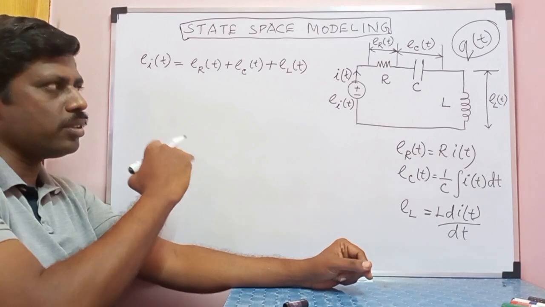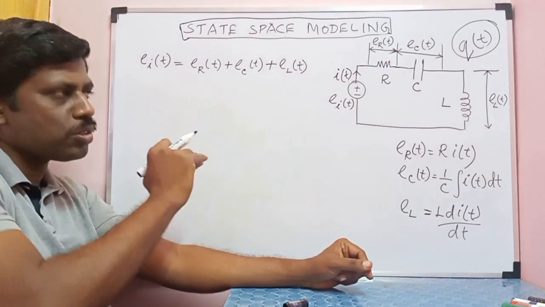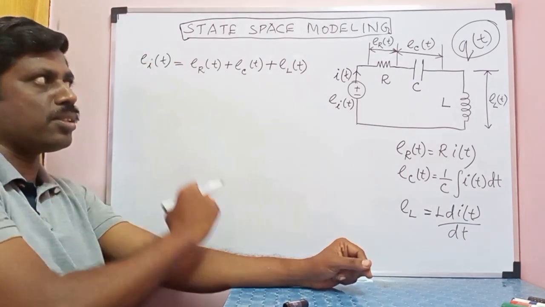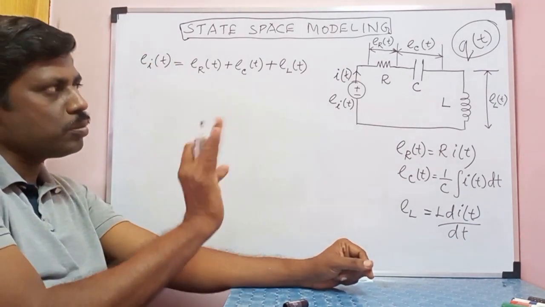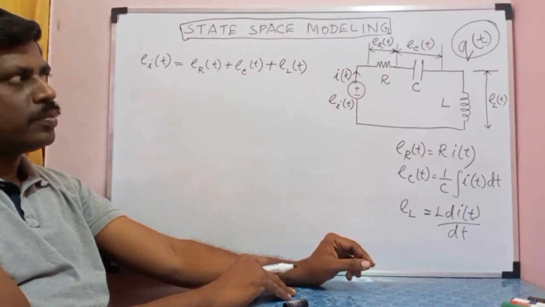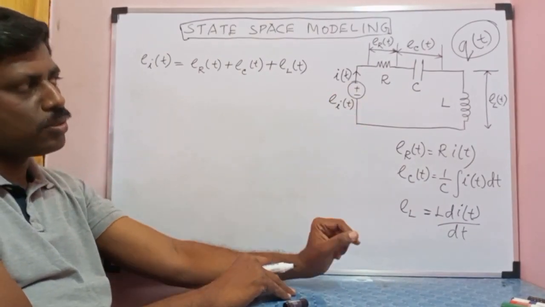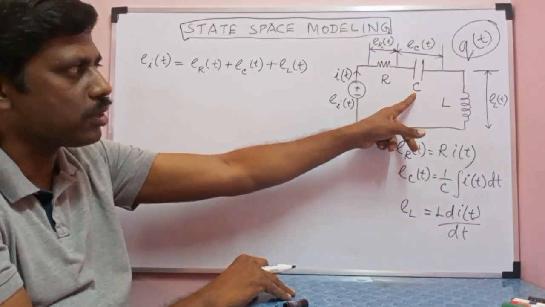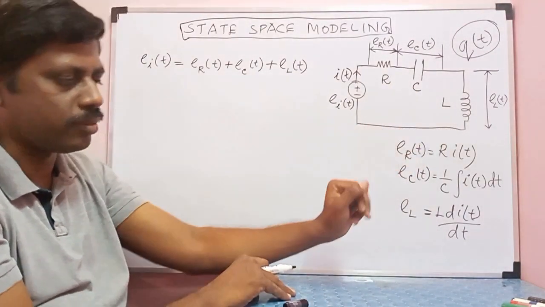They do not vary instantaneously because of the energy storage elements. We all know that. So, how many energy storage elements are in this circuit? There are 2 energy storage elements, that is capacitor and inductor.